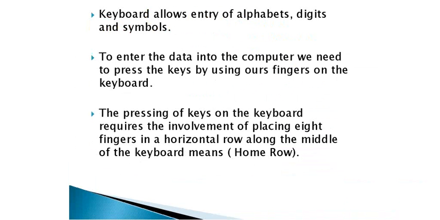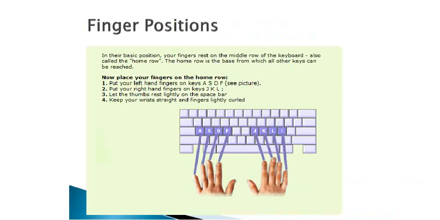So we have to look at the finger positions. How can we place our fingers on the keyboard? We'll talk about the right hand fingers and left hand fingers. This is the right hand, this is the left hand.